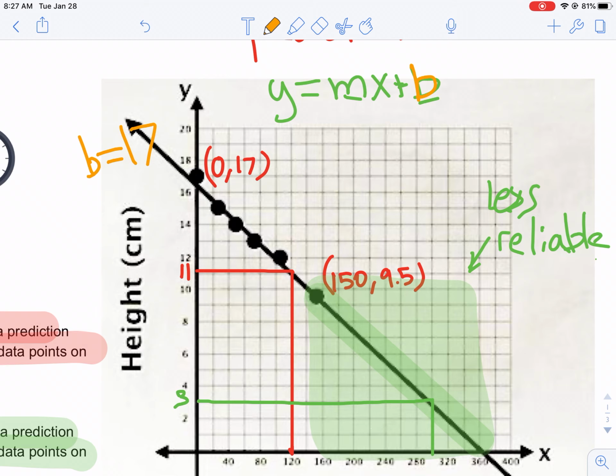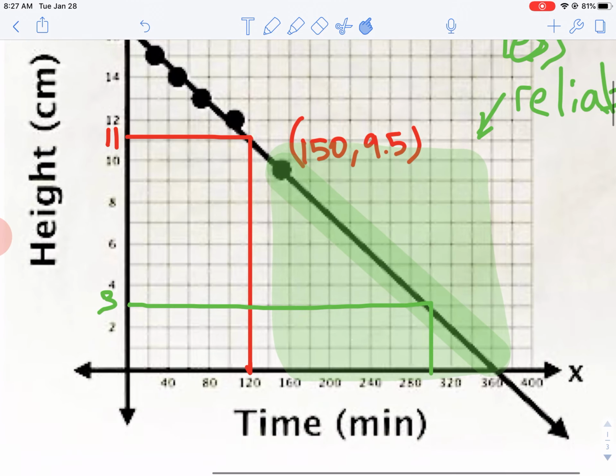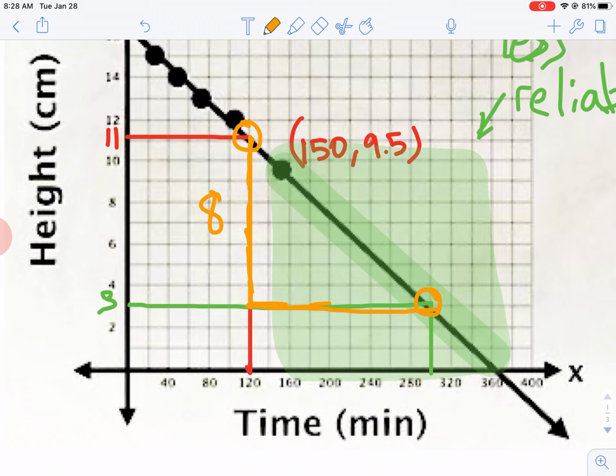Now m is slope, so what's the slope of this line? Let's use these little lattice points that we sort of already looked at here. If we draw a triangle to do the rise over the run, the rise is 1, 2, 3, 4, 5, 6, 7, 8, so 8, and then counting by 20s, 20, 40, 60, 80, 100, 120, 140, 160, 180.